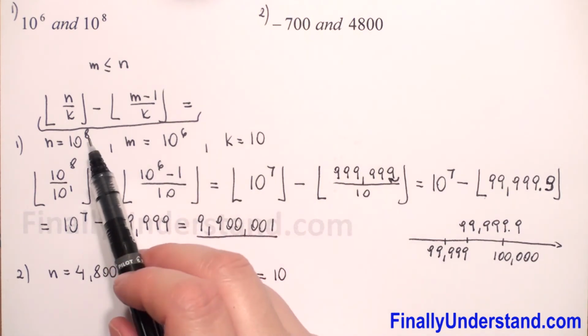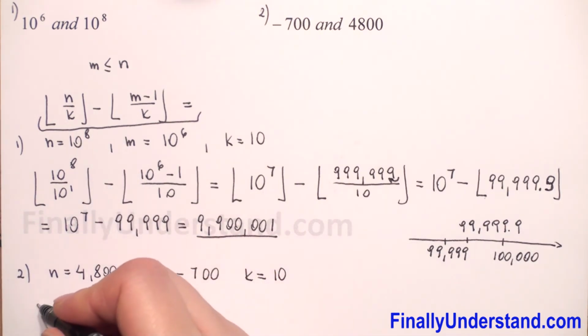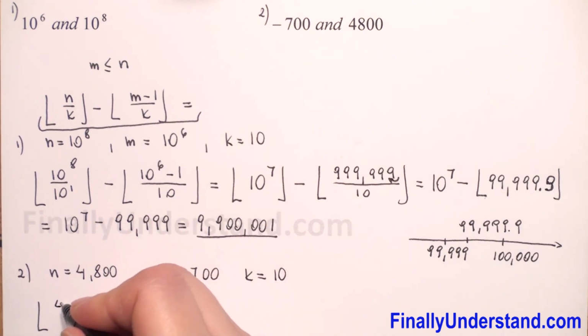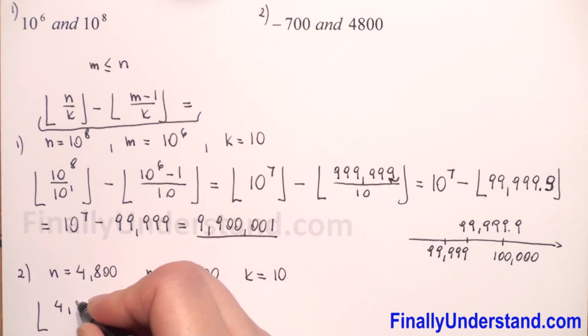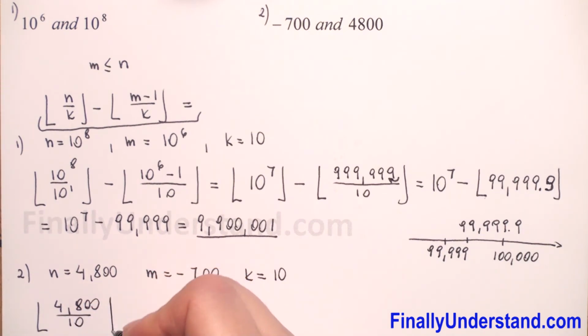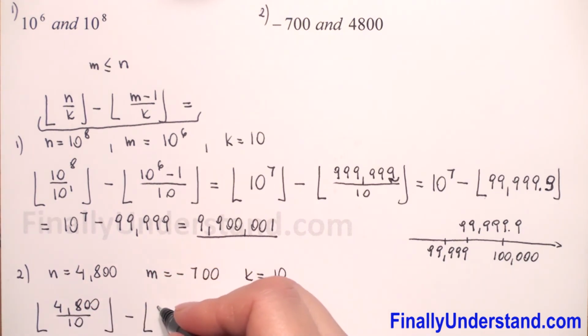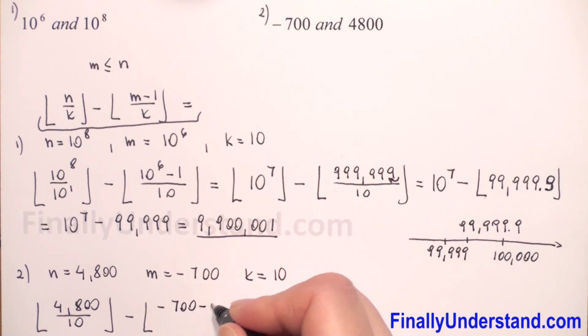And now again we will use the same formula. We have floor of 4,800 divided by 10 minus floor of (negative 700 minus 1) over 10.